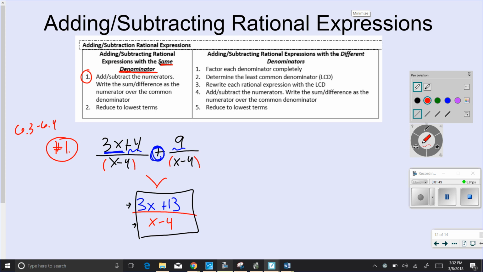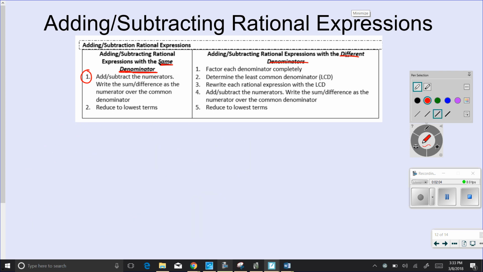Now looking at an example where we have different denominators, what you have to do is get common denominators. So let's take a look at a problem like number 3. Number 3 is going to be one of our more complicated problems, again on our quiz review.